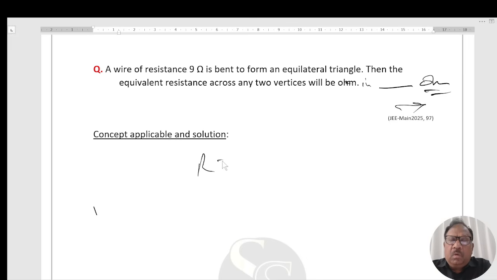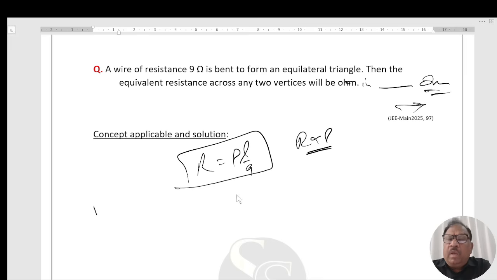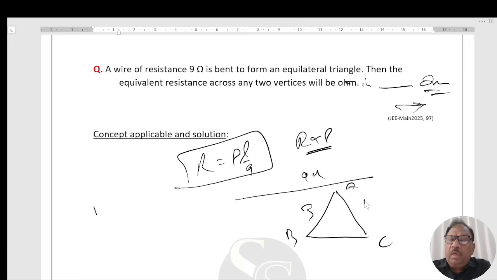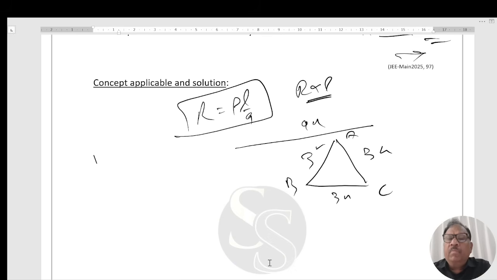As R equal to rho L upon A, R is proportional to length. The total wire is 9 ohm, reshaped into ABC, so 3 ohm each side, because the other parameters are the same.